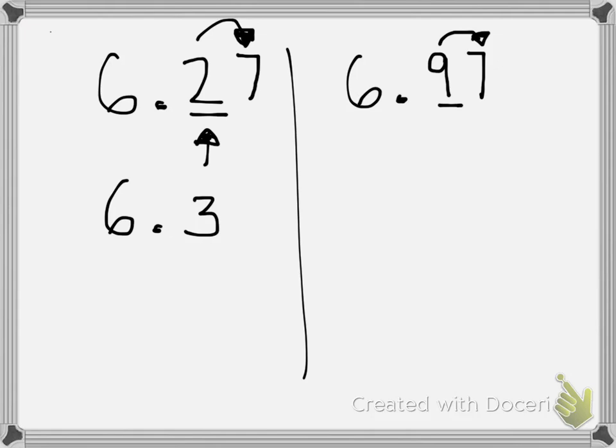It's going to go up to 10. Well, I can't write a 10 in one spot, so it's kind of like when you've added and carried the 1. I'm going to write down that 0, carry my 1 here, and I would have 7. So even though we started with a 6 and we were rounding to the nearest tenth, this would go up to 7 and 0 tenths, or 7.0.